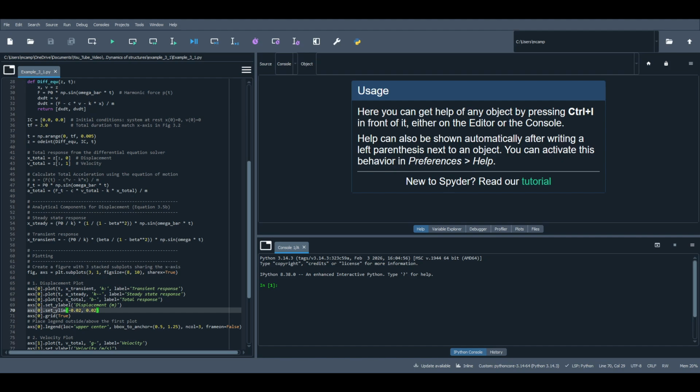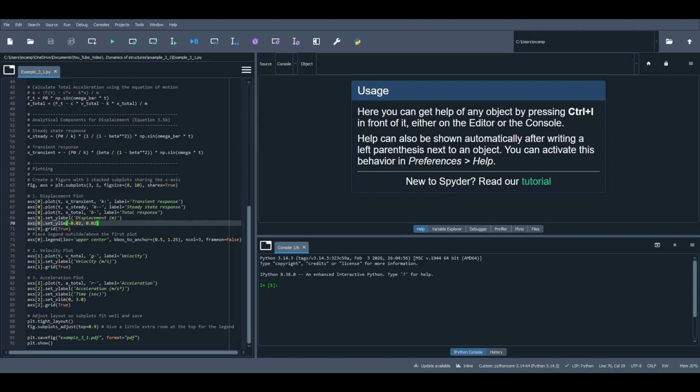Here in lines 54 to 57, we can write the components of x steady and x transient, and after in this block, line 65, we can plot the displacement, the velocity, and the acceleration. And finally, in line 91, we can plot the solution.